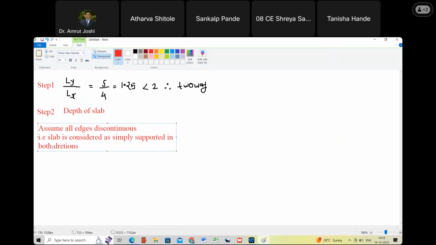Are you with me? Yes, sir. So while bending in both the directions, we will consider this slab to be simply supported, or assume all edges are discontinuous.